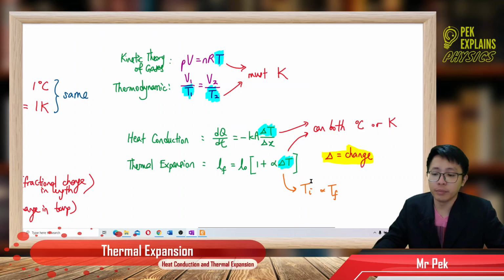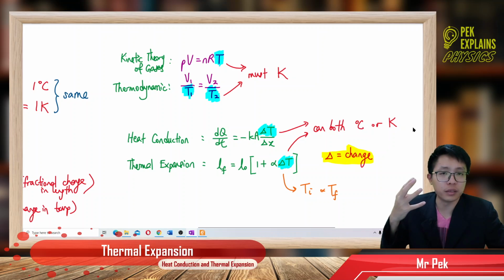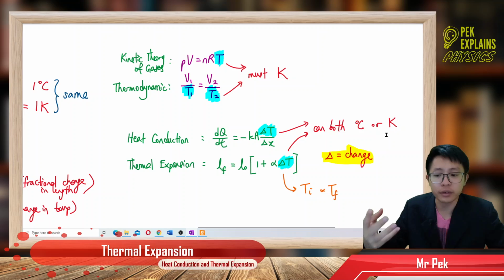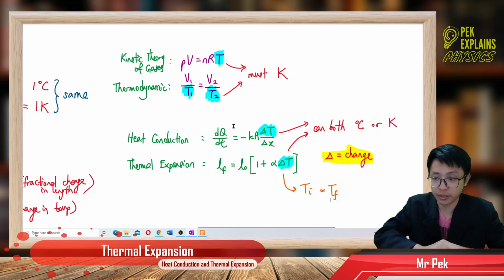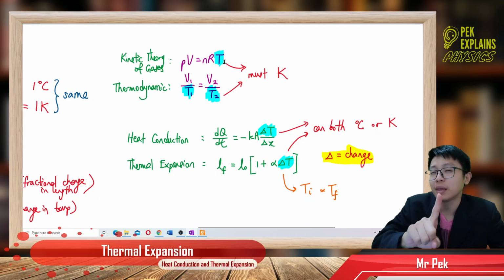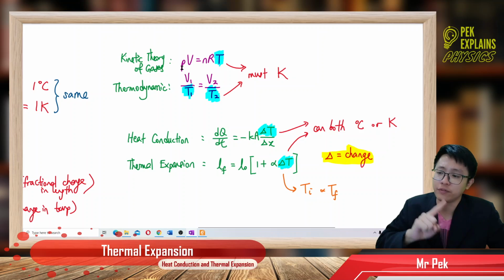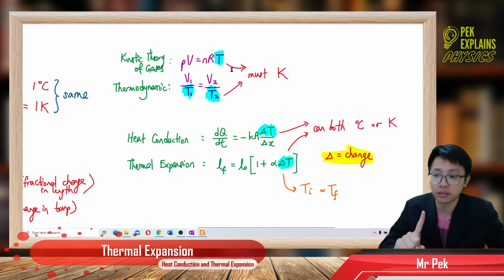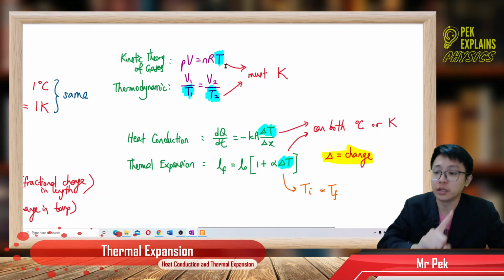Because it involves two temperatures, you can use either unit. But the kinetic theory of gases involves only one temperature point. For example, in the formula PV equals nRT, this temperature you must change to Kelvin. You cannot use degree Celsius.